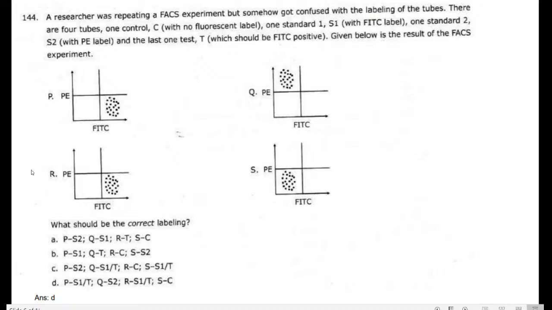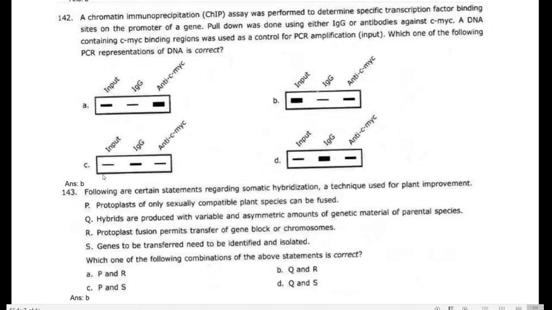Then the sample labeled with only phycoerythrin looks like this. The test is an unknown sample that should be FITC positive, meaning a sample with FITC labeled molecules, and the image looks like this. This is all about FACS. Very easy and interesting.